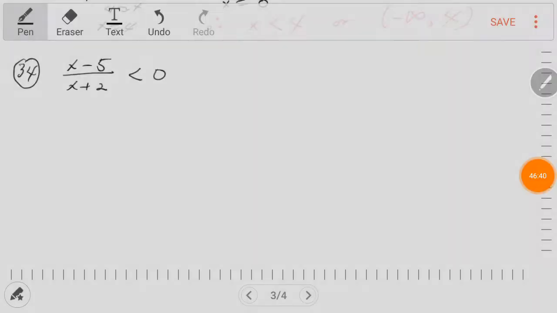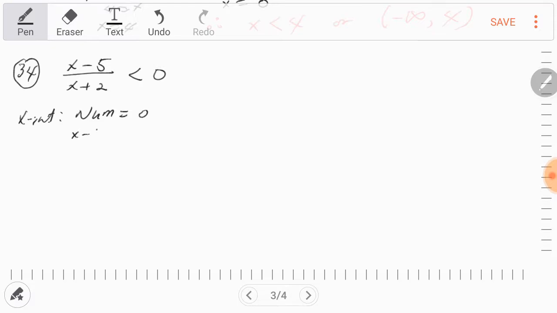Okay, for exercise number 34, let's find the x-intercept. The x-intercept: set the numerator equal to 0. So x minus 5 is equal to 0, then x equals 5. That's the x-intercept. How about the vertical asymptote? This is the restricted value, right? So set the denominator equal to 0, then x plus 2 is 0, so x equals negative 2.